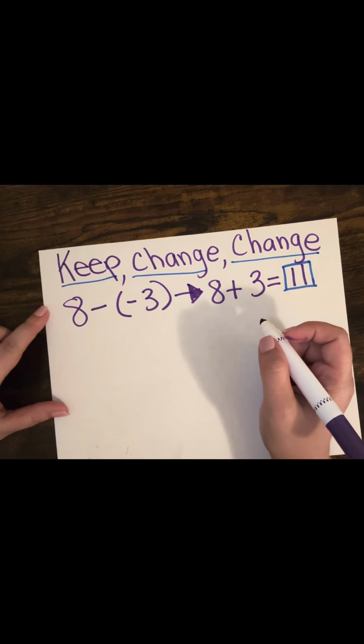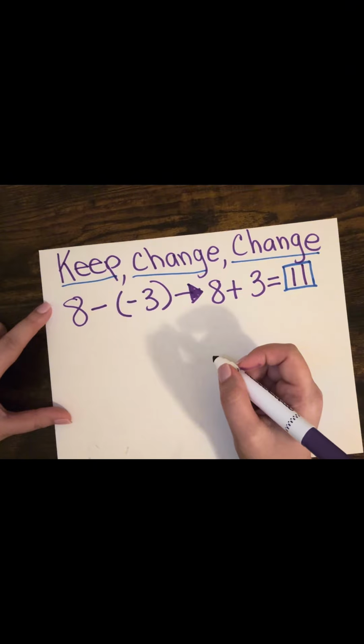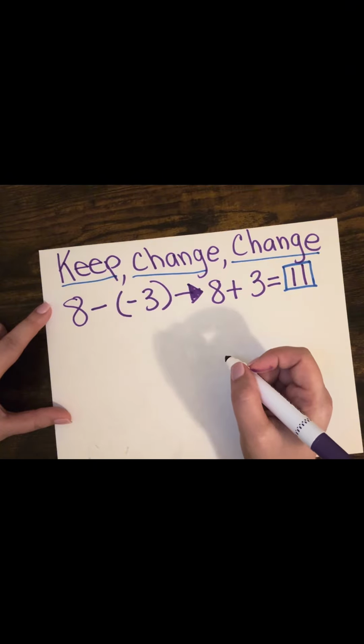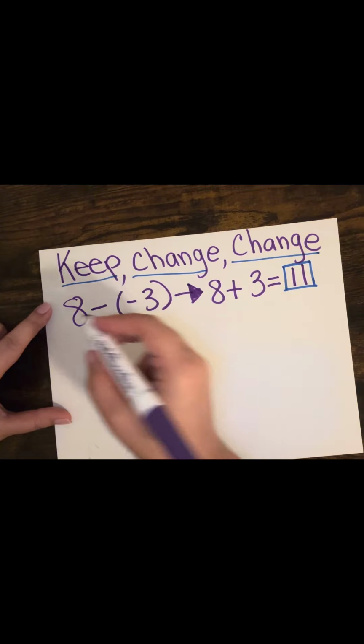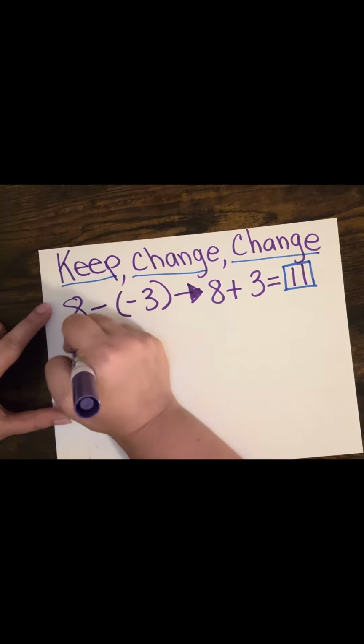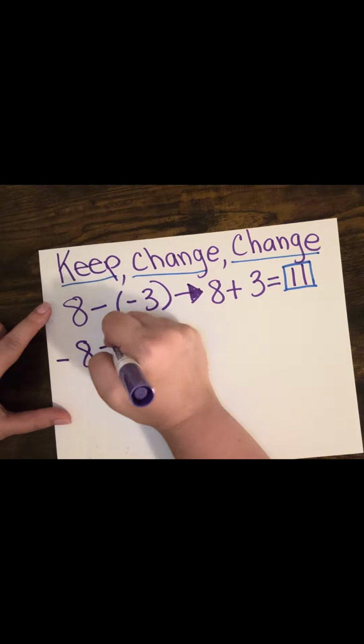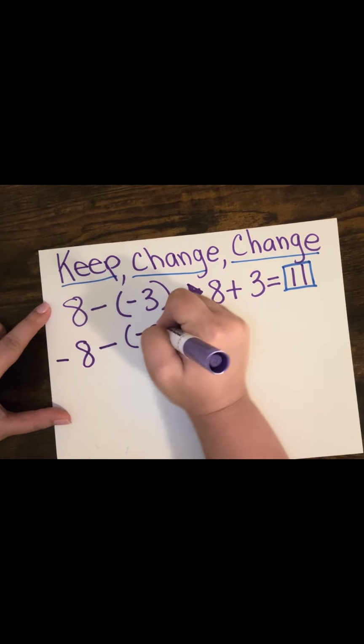Let's do another example so we can see how this works. Let's add some more negative numbers into the problem. Let's continue using the same numbers of 8 and 3. Let's change the 8 to a negative 8 and see how that would change our solution. Negative 8 minus negative 3.